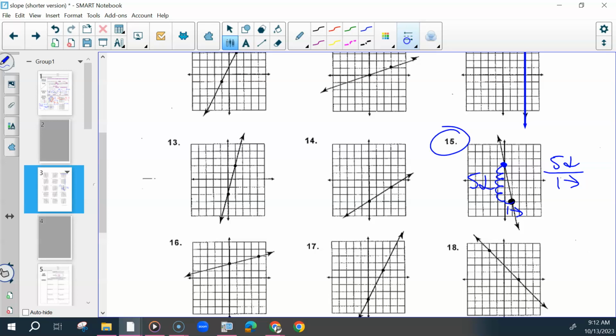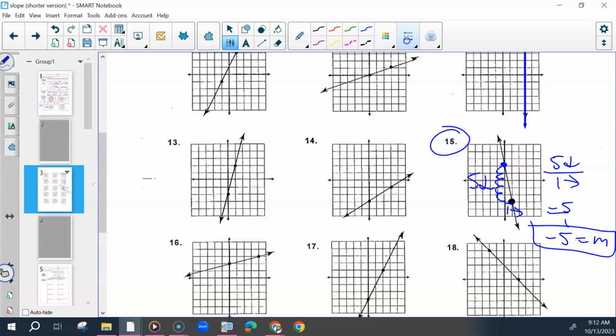Negative. And we can simplify that to just be -5. So every time I go up 5 and to the right one, up 5 and to the left one, or down 5 and to the right one, I'm going to end up at a slope point. It'll be off the graph for this one.